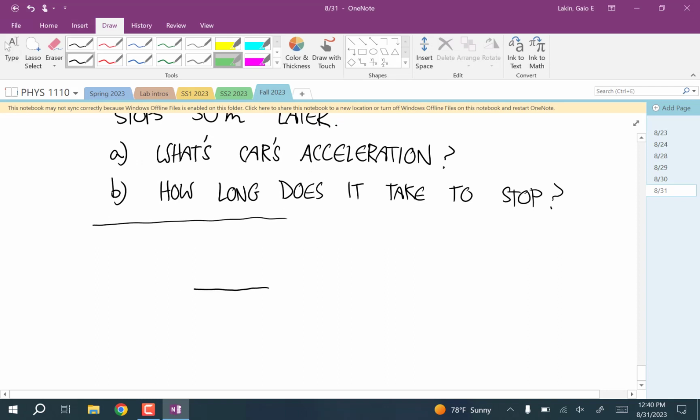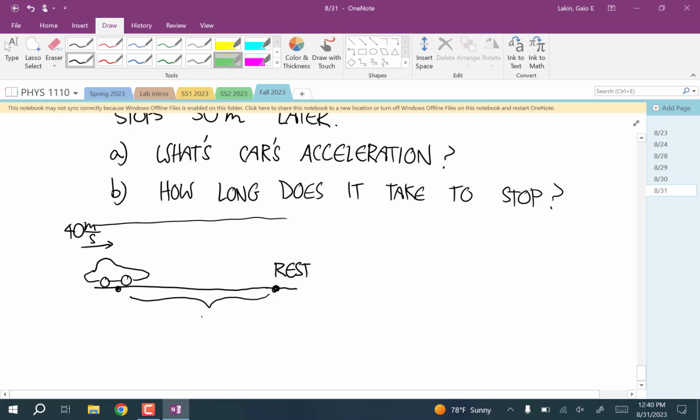Okay, so if the car is going this way, then at this instant it's going 40 meters per second. And here it's at rest, it's stopped.